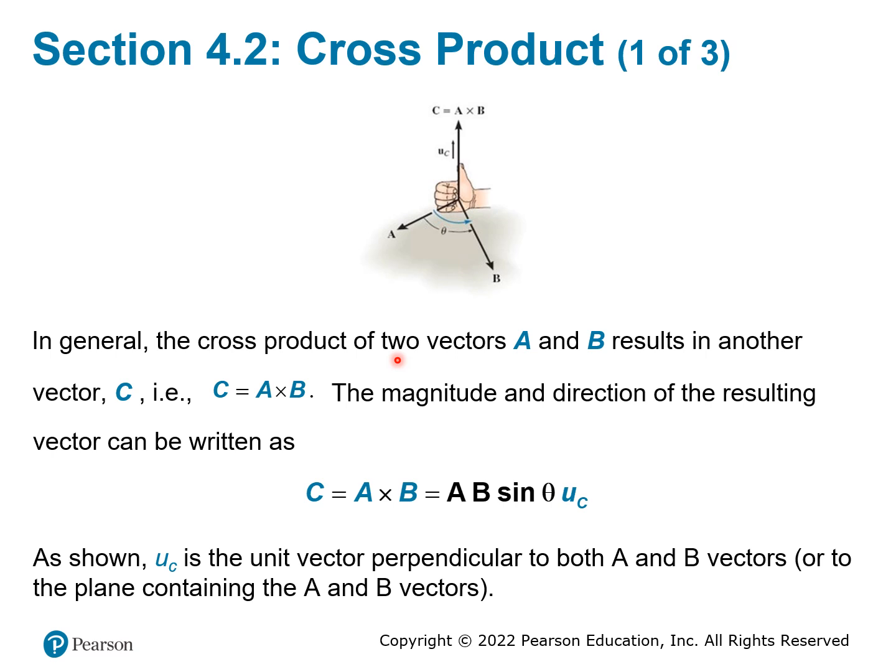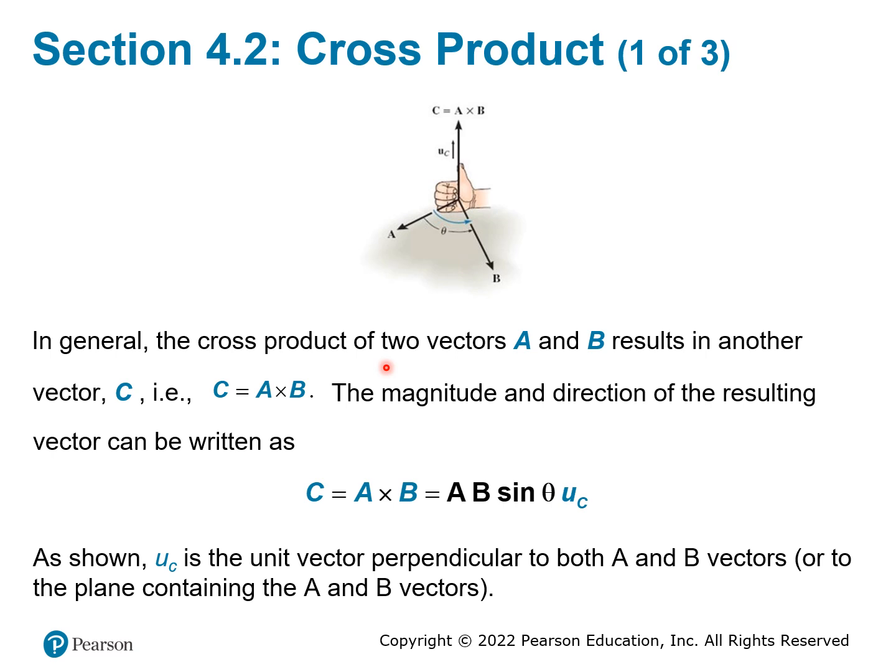And you use the rest of the fingers to point to your first vector, and then you curve your fingers to the second vector direction. So if you do A cross B, make your four fingers point in the direction of vector A, and then it depends on where the direction of B is.